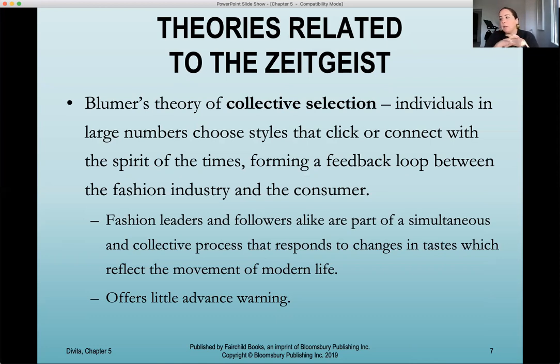Fashion leaders and followers alike are part of the simultaneous and collective process that responds to changes in tastes, which reflect movement in modern life. So typically the leaders and the followers are those biggest groups, and they are part of the process where they're collectively making these decisions, which ultimately will result in changes in taste, right?